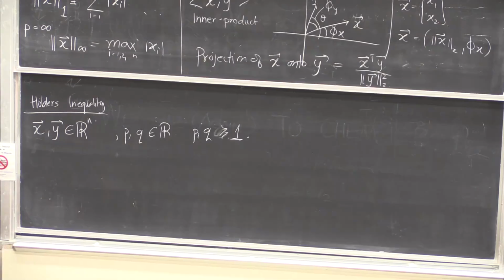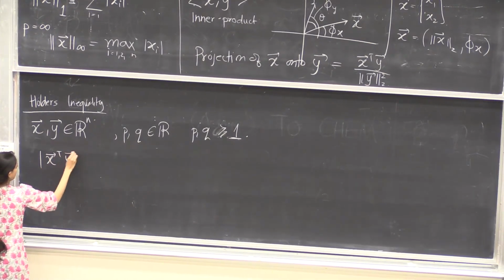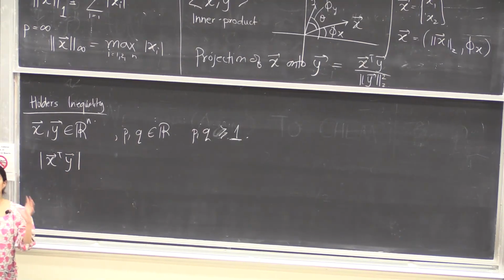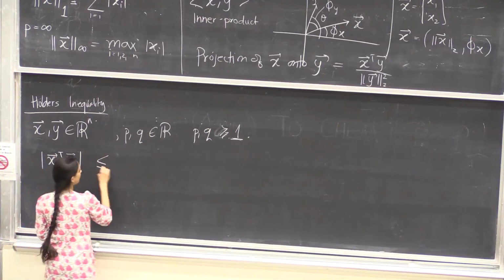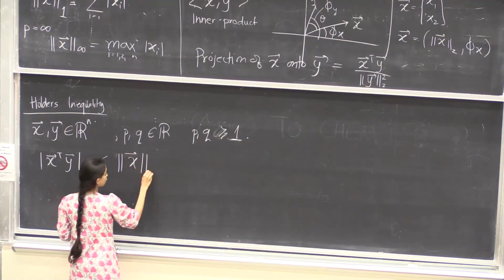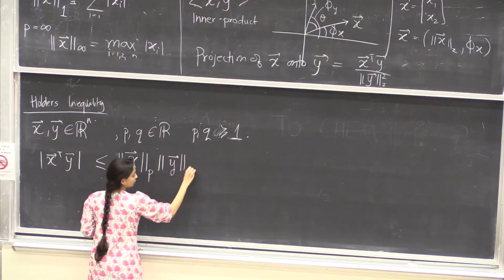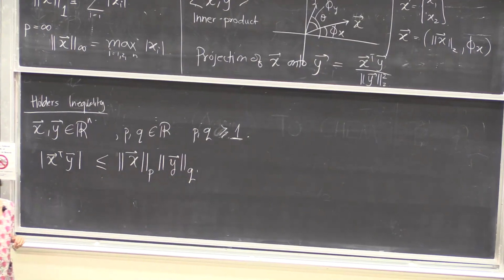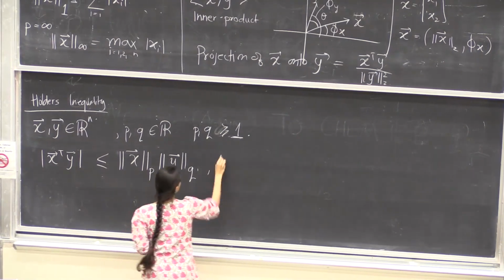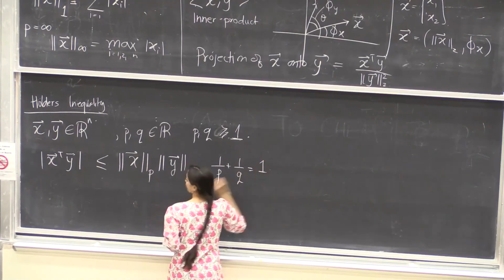In that case, I can say something about x transpose y, but move beyond the 2 norm, and I can upper bound this not just by the product of the 2 norms, but also by the product of the p norm and the q norm, in the case that I have this special property, 1 over p plus 1 over q is equal to 1.